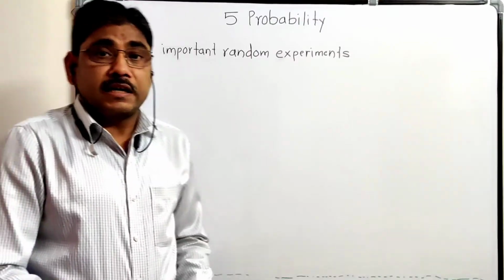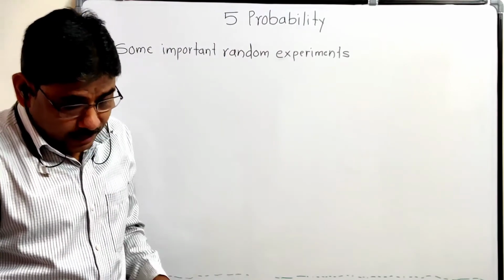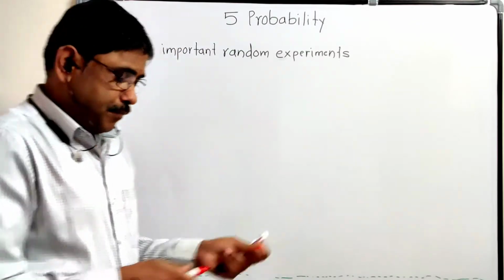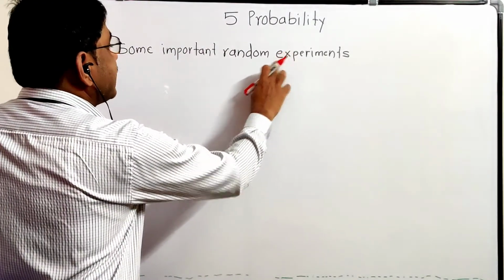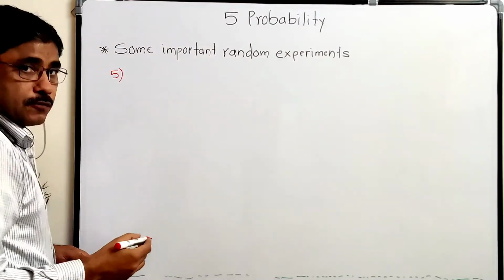Fifth random experiment. A card is drawn from a pack bearing numbers from 1 to 25. So 1 to 20, 1 to 25, those numbers may be changed. So the fifth random experiment is of numbers.